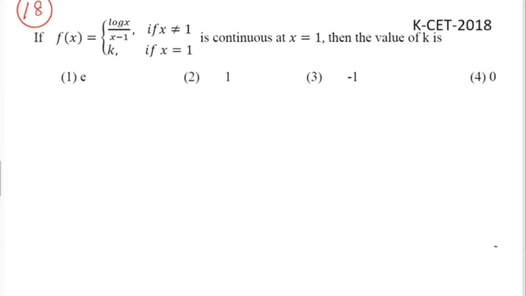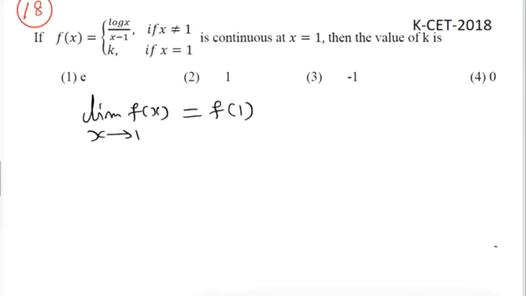Question number 18. If f of x is continuous at x equal to 1, then the value of k is, the options are e, 1, minus 1, 0. Since the function is given to be continuous at x equal to 1, the limit of the function as x tends to 1 is the same as f of 1.